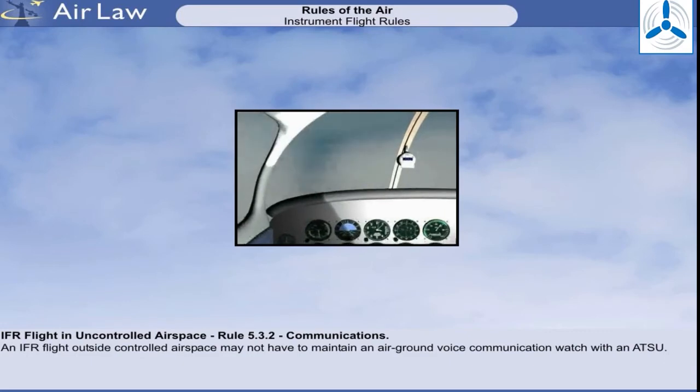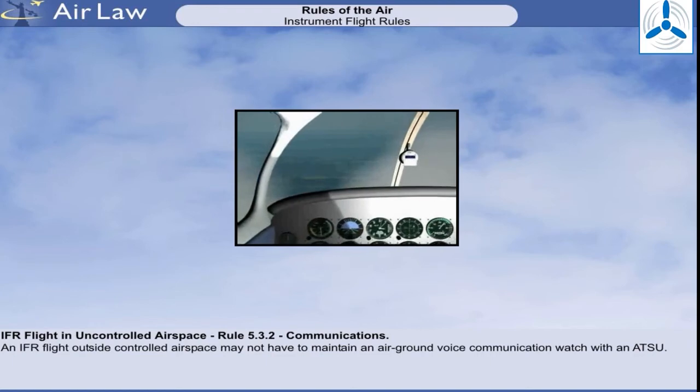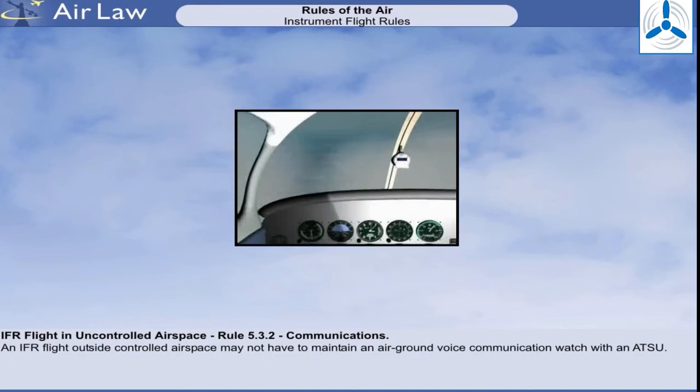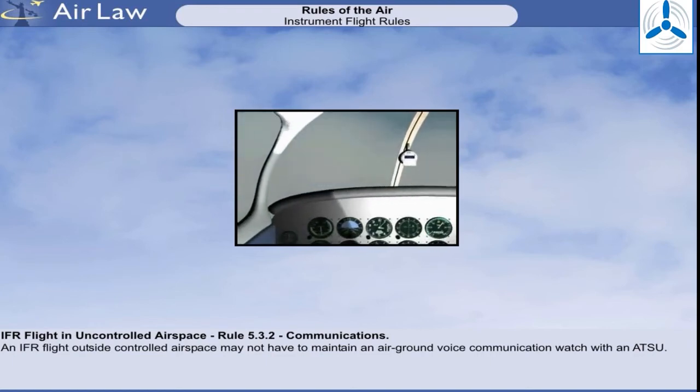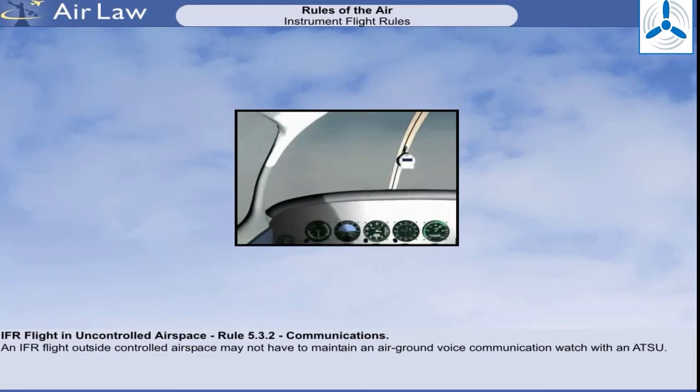An aircraft operating in accordance with the instrument flight rules outside controlled airspace is not always obliged to maintain an air-ground voice communication watch with an Air Traffic Services unit.